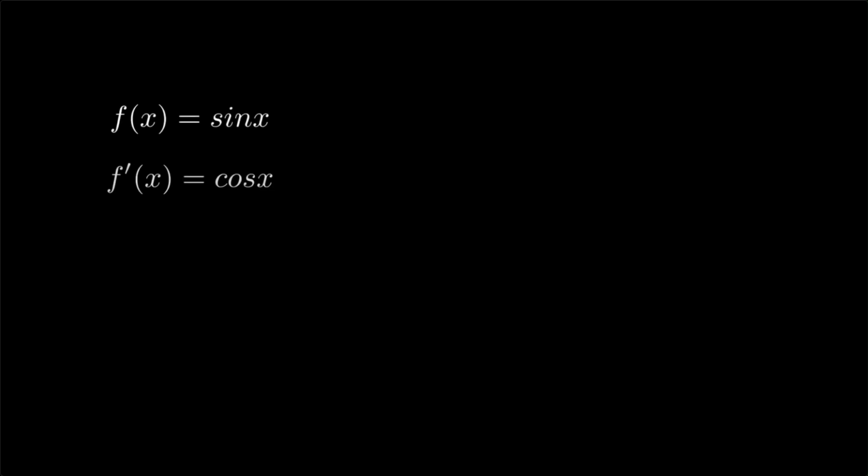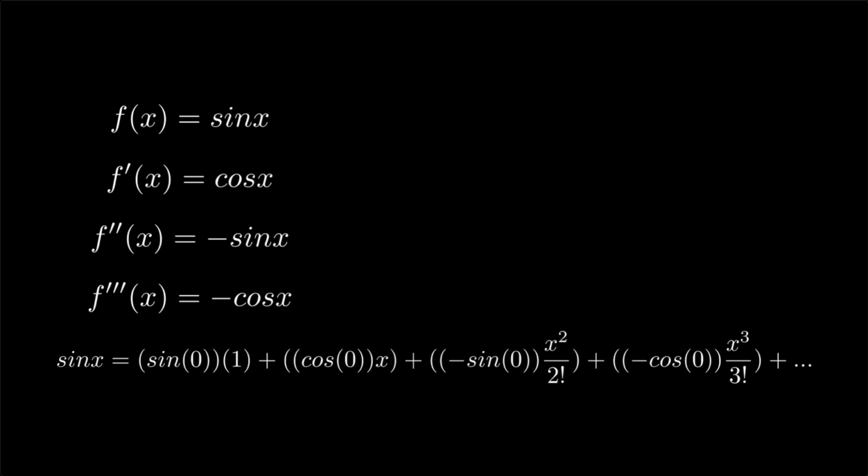So we have f of x is equal to sine of x, f prime of x is equal to cosine of x, f double prime of x is equal to negative sine of x, and f triple prime of x is equal to negative cosine of x. So let's form our Maclaurin series for sine of x, and let's evaluate all our derivatives and our function at 0 to get this polynomial.